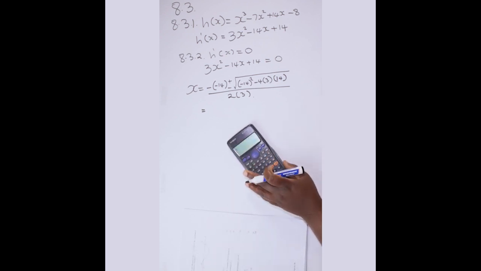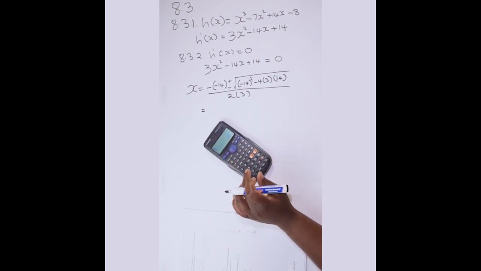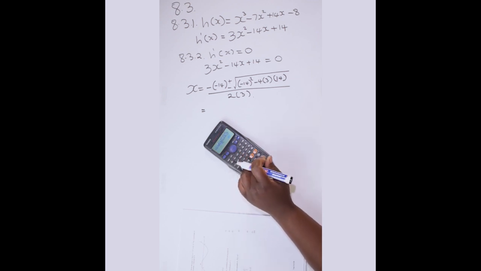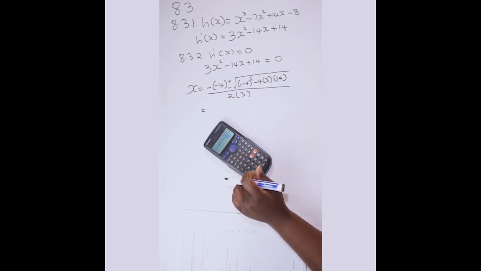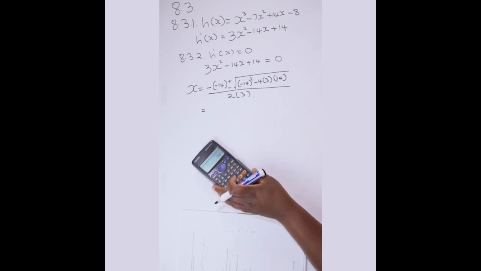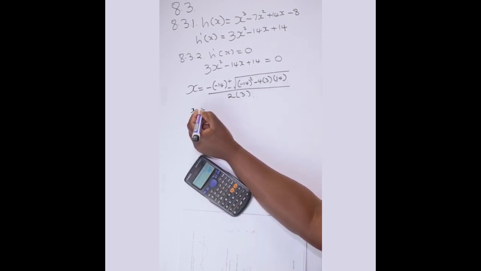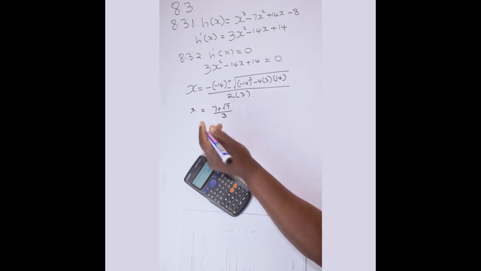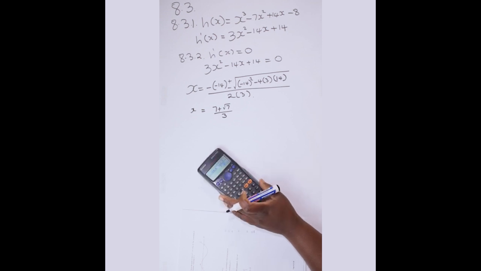So let's quickly do this in the calculator and see if we can get to the solution. This is negative minus 14. We can use either one, plus the square root of negative 14 squared minus 4 times 3 times 14, and divide this by 2 times 3. Let's see what we are getting. For the positive one, x will be equal to 7 plus the square root of 7, over 3, which is approximately 3.22.